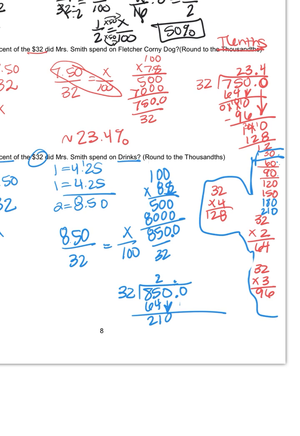Let's see, 1, 2, 3, 4, 5, 6. Okay, hang on, wait, 85. I feel like I messed up. Why am I not getting... Hang on. 180.